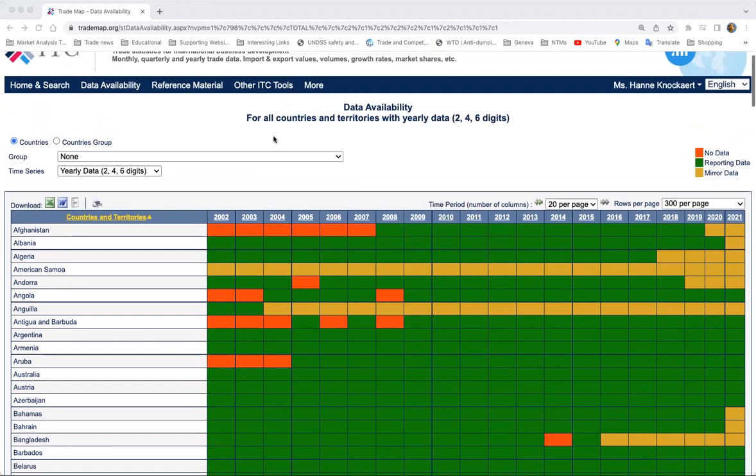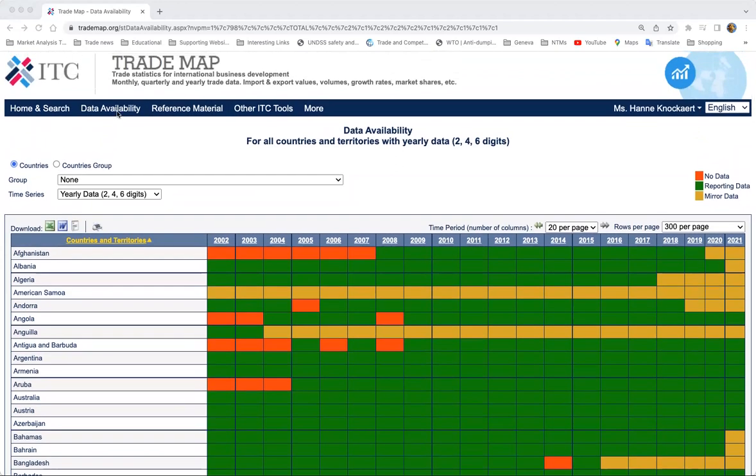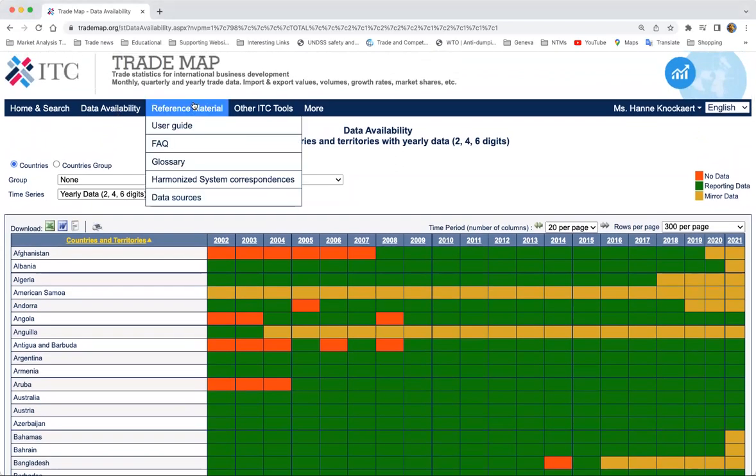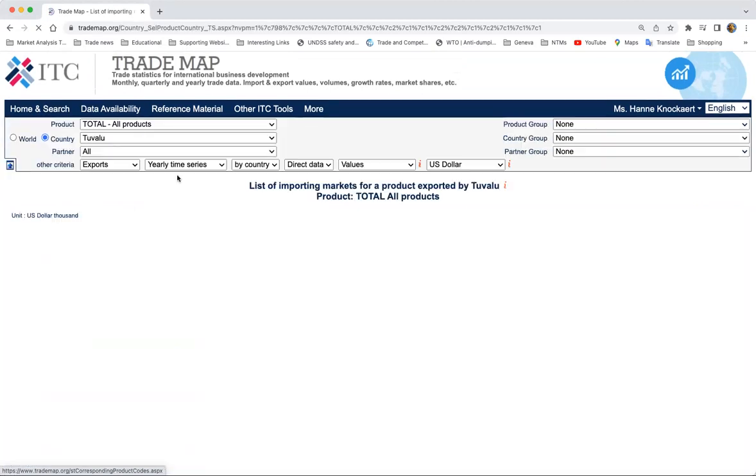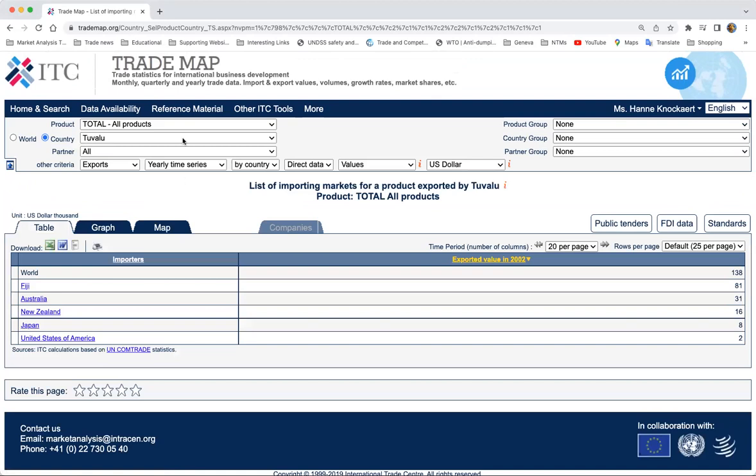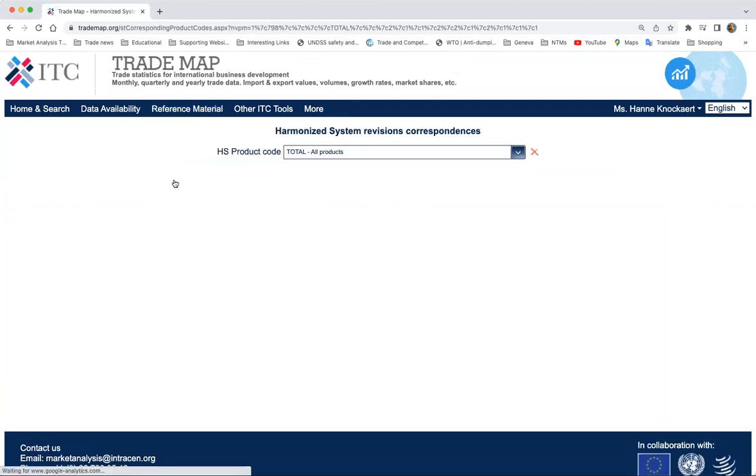Let me go back to my trade map. The next button would be the reference material. So if you have any questions, you can always go to the frequently asked questions, the glossary, and very importantly, the harmonized system correspondences. So I said that this harmonized system code constantly changes. There's a little glitch here.